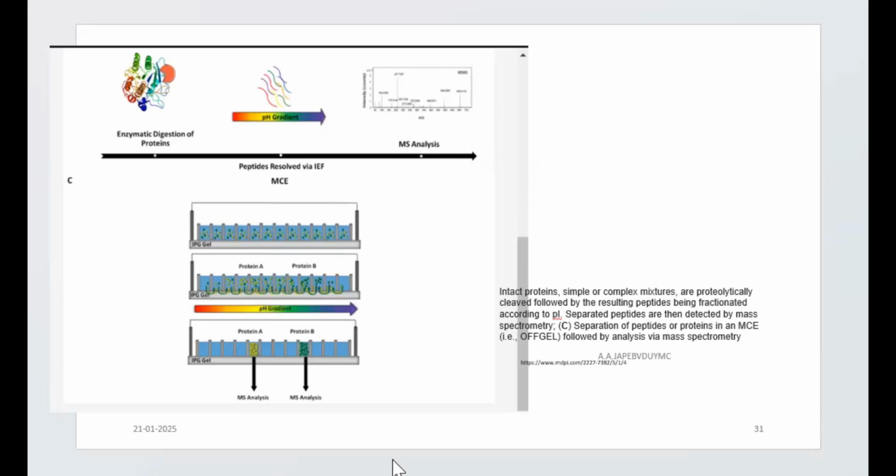Separated peptides are detected by mass spectroscopy, and separation of peptides of proteins in an MCE channel or IEF gel is followed by analysis via mass spectroscopy. So this is another in-between step. These are just to make you understand the flow chart of the process, a schematic representation of the technique.